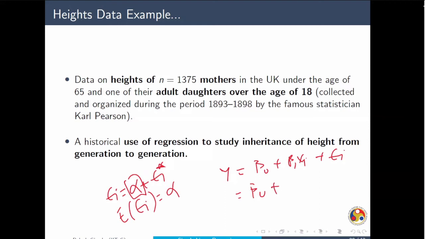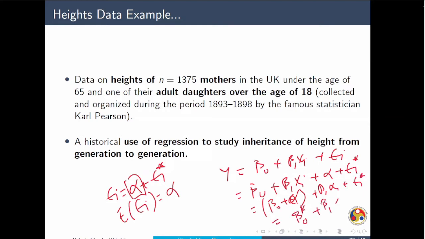Now if you write the model as alpha plus epsilon star, then you can add this alpha to beta naught and write it as beta naught star plus beta 1 x plus epsilon star. Here you can adjust, but not all the time you can adjust. Specifically for non-constant variance, when you calculate the values of R square, those are not valid, and when you try to predict something, those predictions will not be good at all.